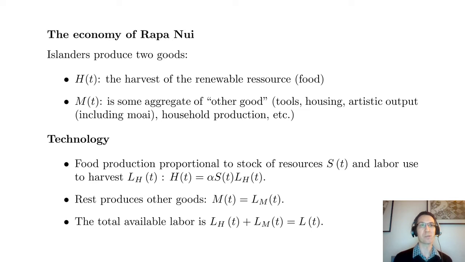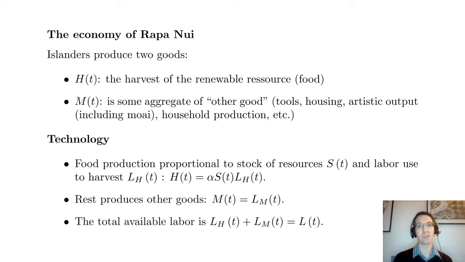We're going to label this M, which is some other sector. They can produce tools, housing, artistic output, so moai, housing production, etc. And now we have to describe which technology they have. For the food production, it's almost the same as what we had before.